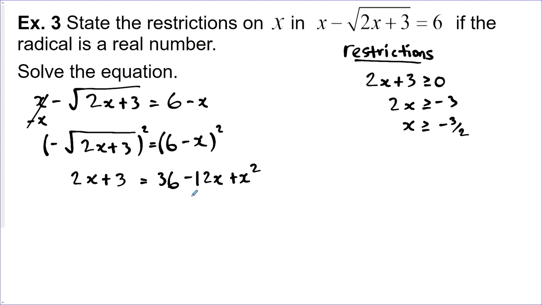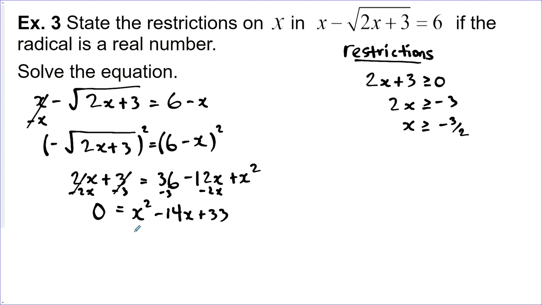Now let's collect up like terms onto one side. This side has a positive leading coefficient, so I'll put everything on this side. So we've got an x squared. We've got a minus 12x minus 2 more x's, so that's minus 14x. And we've got plus 36 minus 3, and that is plus 33.